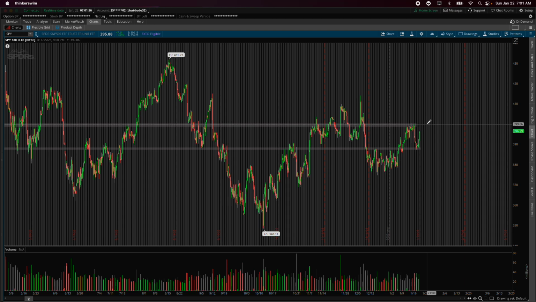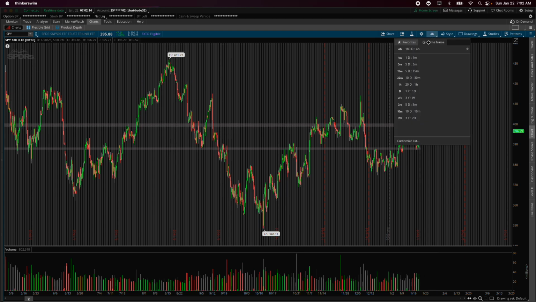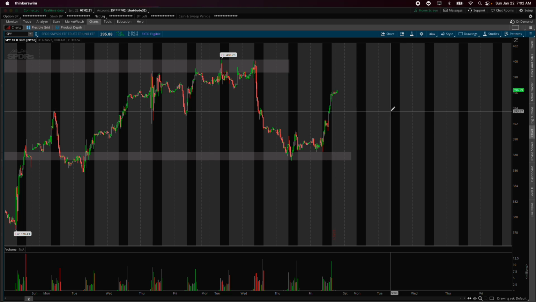And like I said, I like playing fresh zones. But what makes me think there could be a possible rejection, or an aggressive move if it breaks, is what I'm going to be looking at. So let's drop down to the smaller time frames again. Let's see, 30.